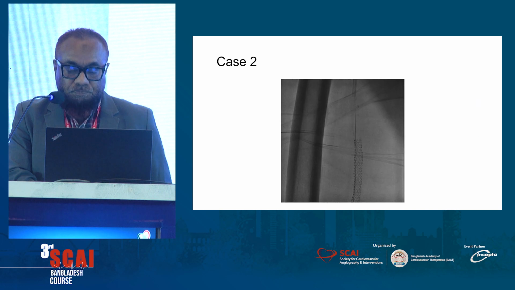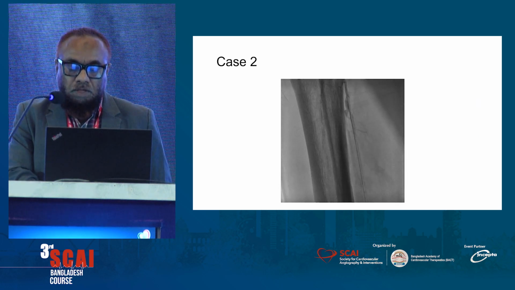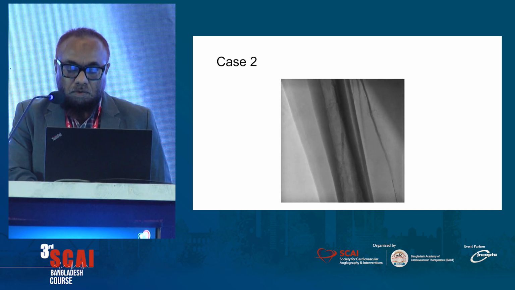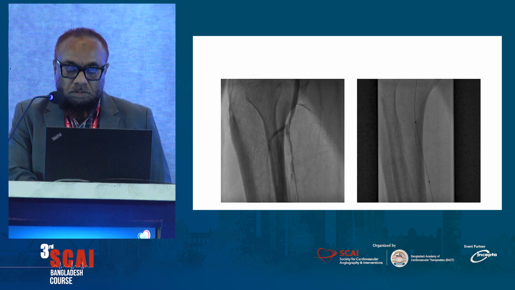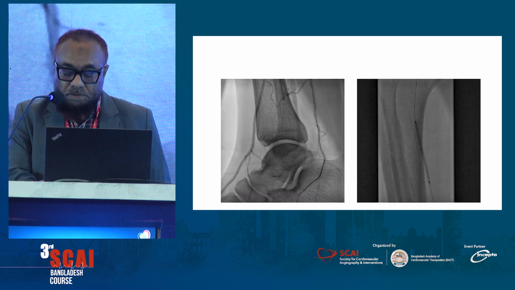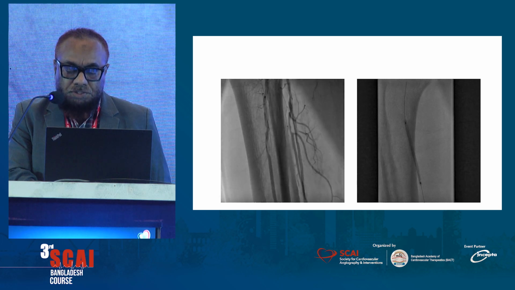He was discharged. In case 2, we treated first the inflow, then the outflow lesions with the same coronary wire and balloon, and ultimately the ulcer healed. The patient was discharged.